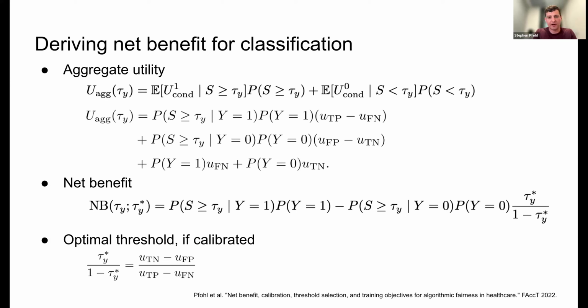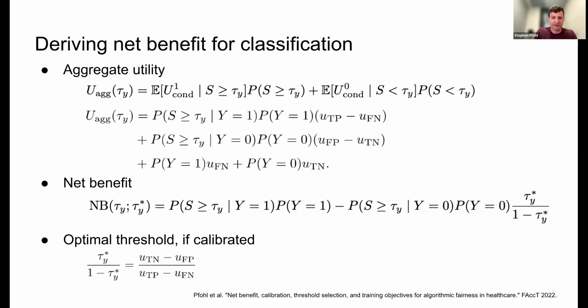On the top, I'm showing what's called aggregate utility, which is just the total utility that a population or subgroup would receive on the basis of an allocation of intervention for a given threshold. The main difference between this measure and the ones I showed in the previous slide is that this one depends on the distribution of that score, whereas the previous one was defined just conditioned on the score. As you can see, this produces a somewhat unwieldy expression.